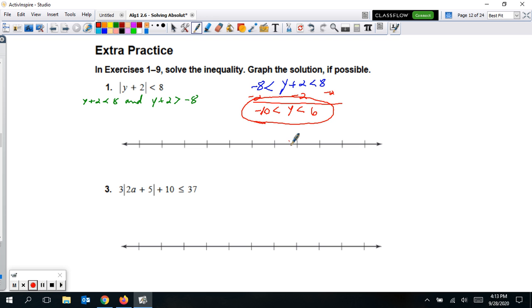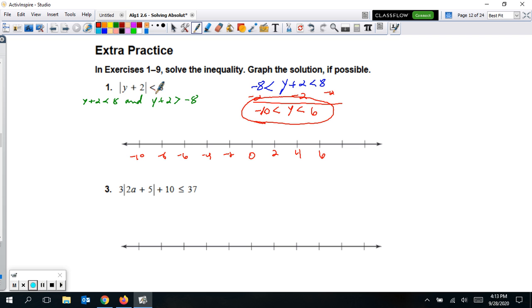So I'll circle that. And then for our graph, we'll draw a number line down here, maybe put 0 in the middle. I'll go by 2's: 2, 4, 6, negative 2, negative 4, negative 6, negative 8, and negative 10. It's going to be an open hole, as we can see, because there's no equal to.